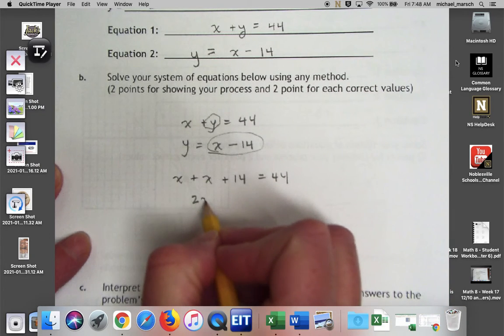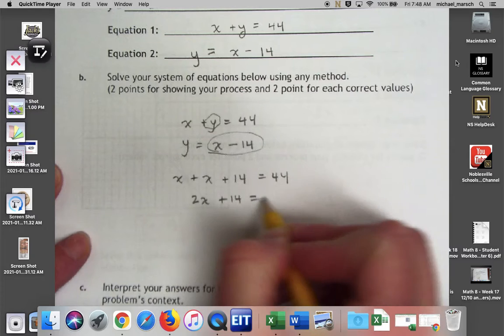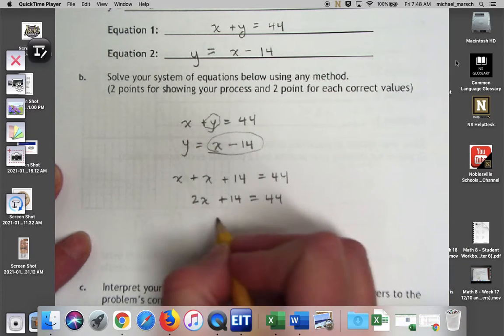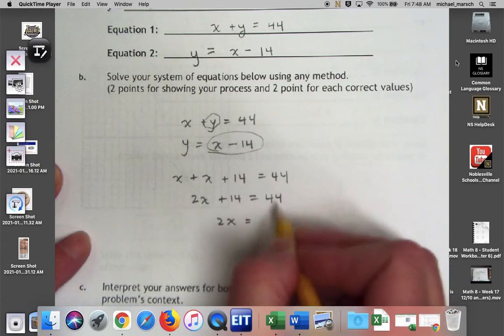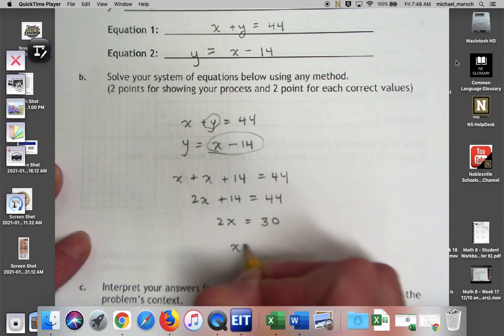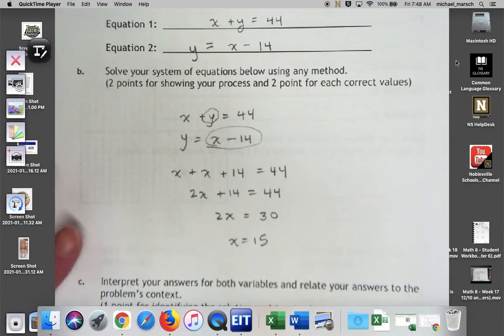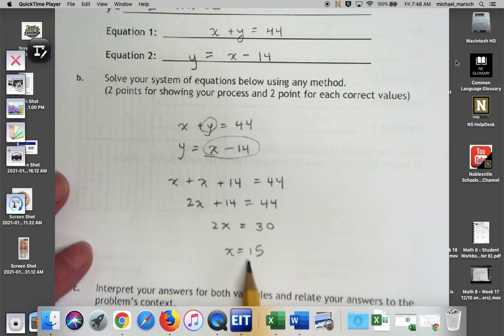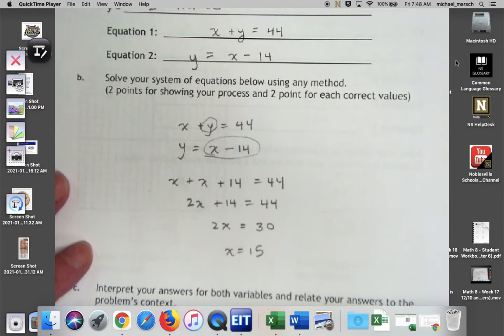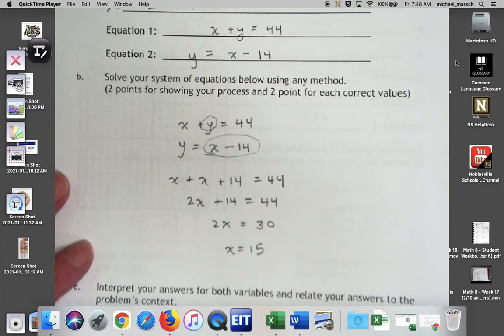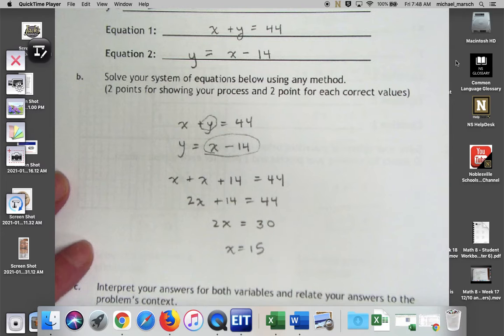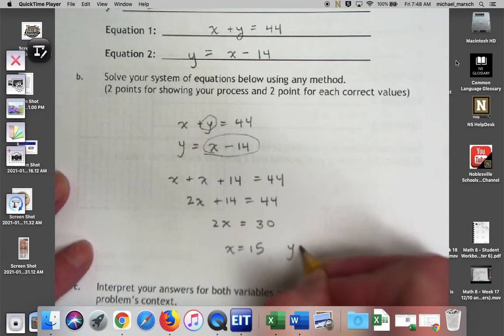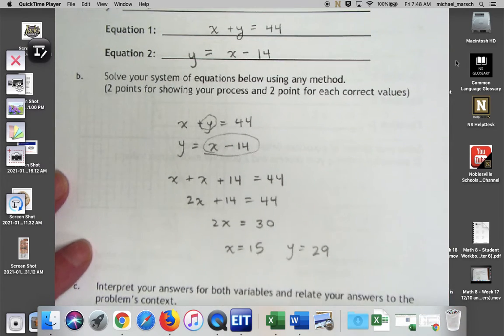So now I have 2x minus 14 equals 44. So 2x, when I add the 14, is going to be 58, so x equals 29. So if I know that the first number plus the second number is 44, I can get out my calculator and do 44 minus 29, and I get y equals 15.